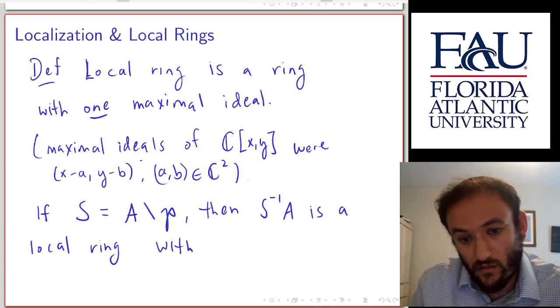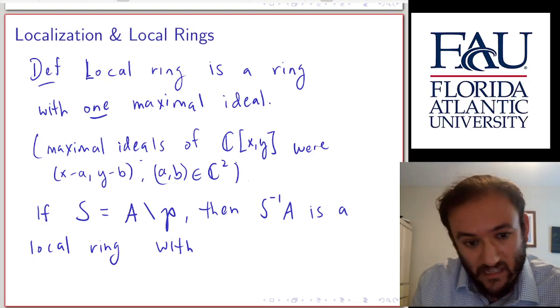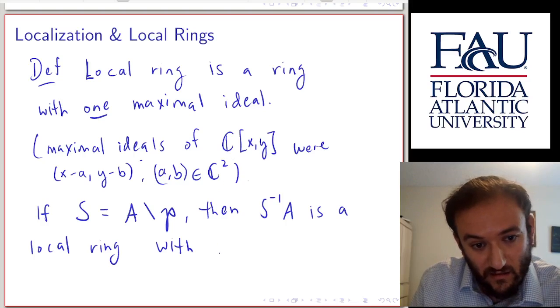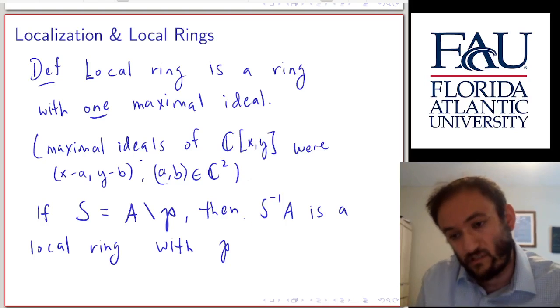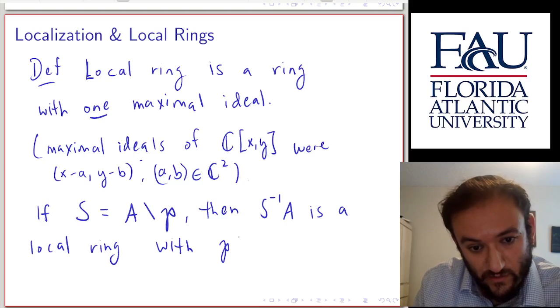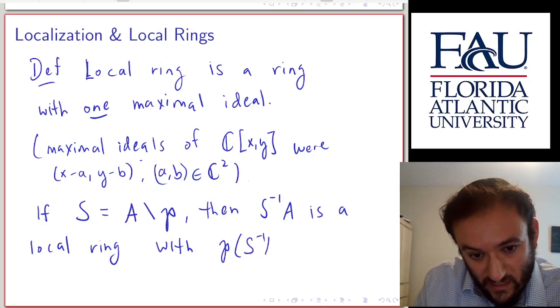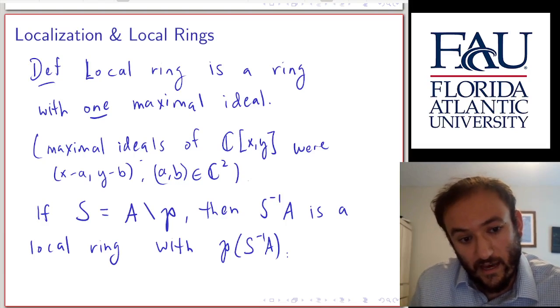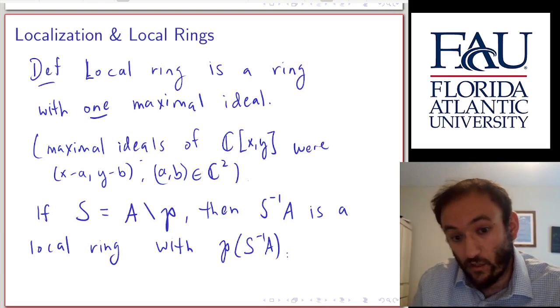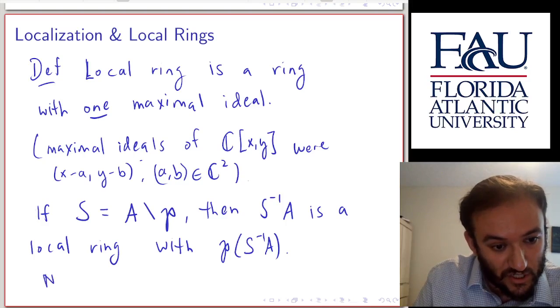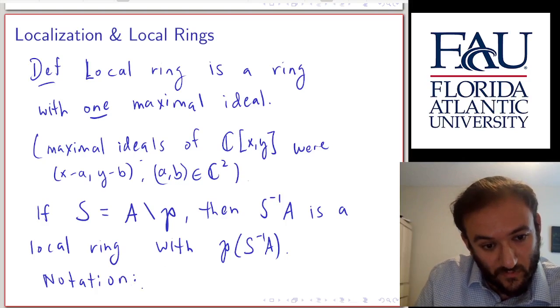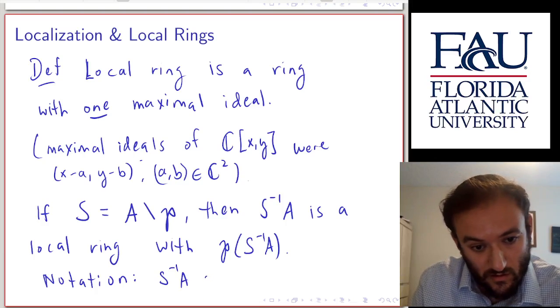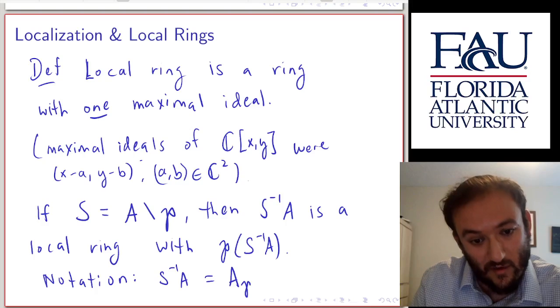And the unique maximal ideal is basically generated by P. You need to translate it to the new ring, so it's P times S inverse A. But that is a local ring. So the notation for such a local ring, for S inverse A of this type, is A sub P.